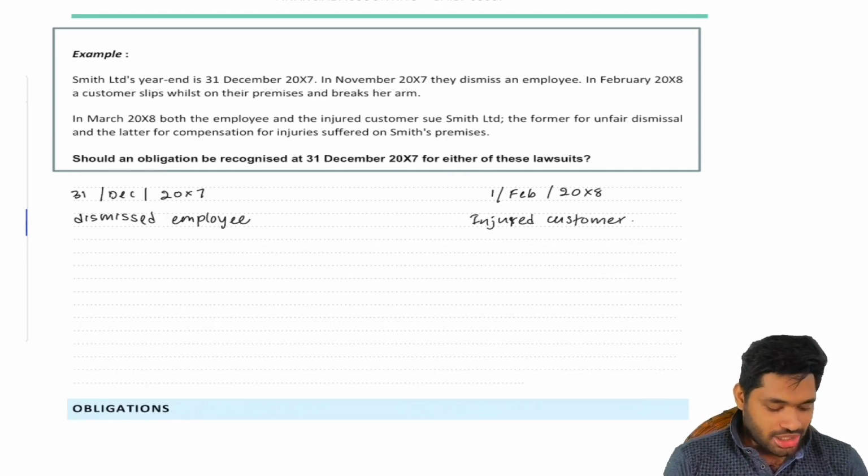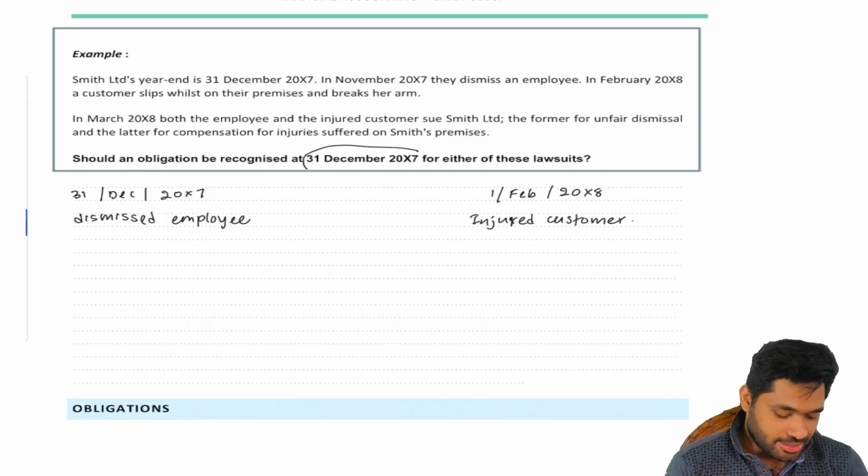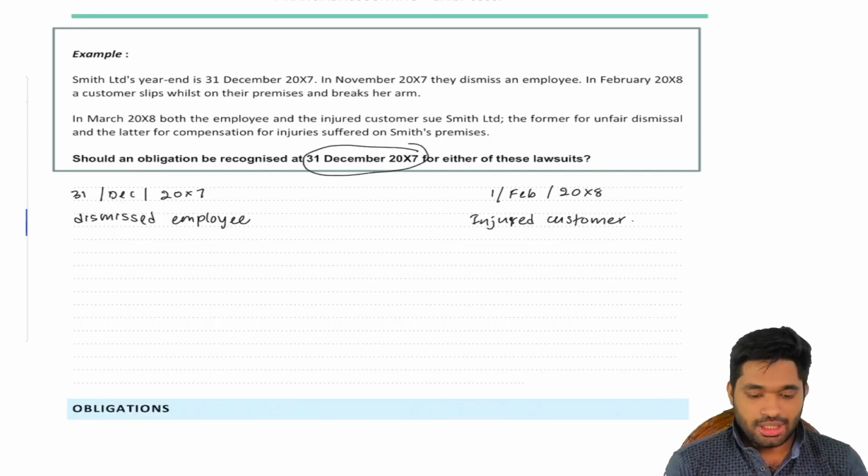In March 2008, both the employee and the injured customer sue Smith Limited, the former for unfair dismissal and the latter for compensation for injuries suffered on Smith's premises. Should an obligation be considered as at 31st December 2007? Right?